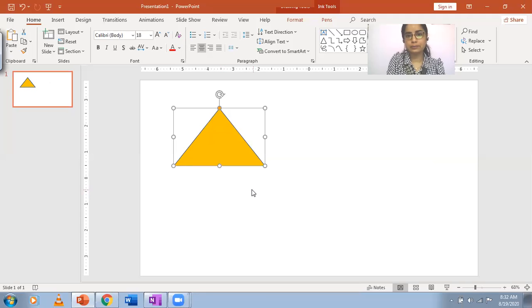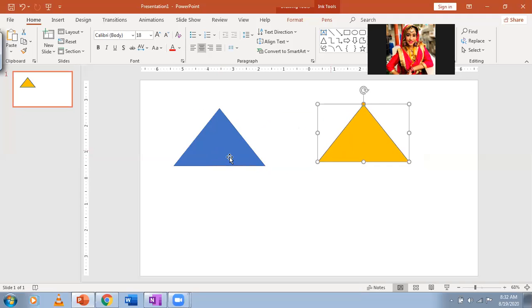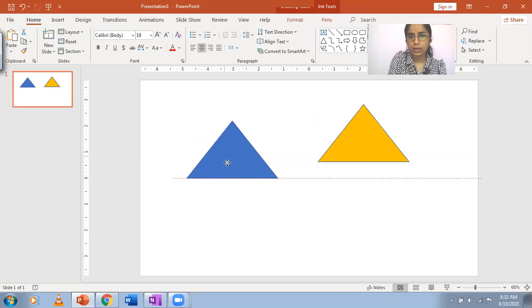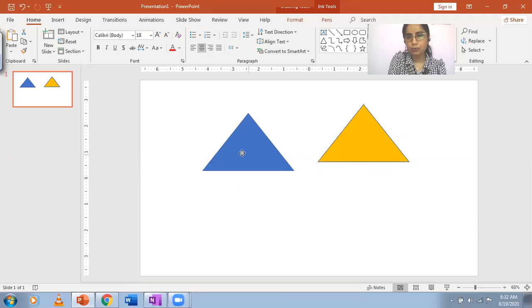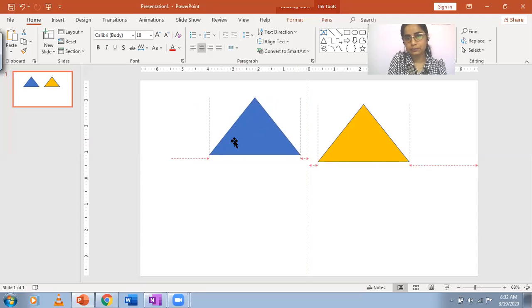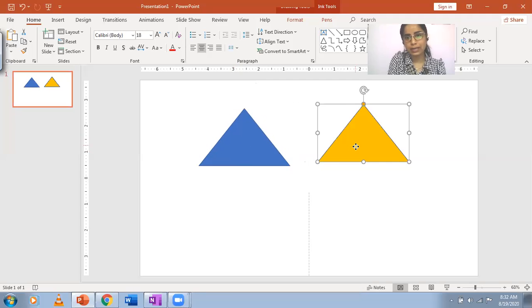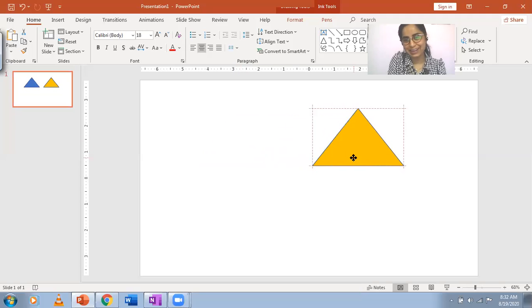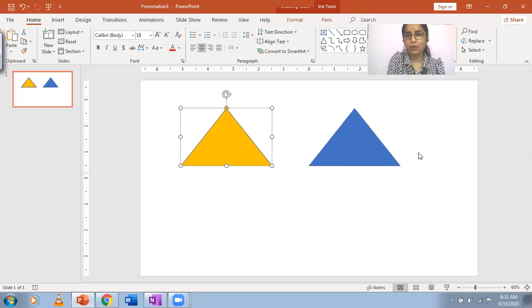What do you think? They are congruent. I could do this for the second one also. I could place this on the other one and then it will be congruent. You can do that. I am not able to do that right here. But you will be able to see that they are exact copies of each other. That's why these two will be called congruent.